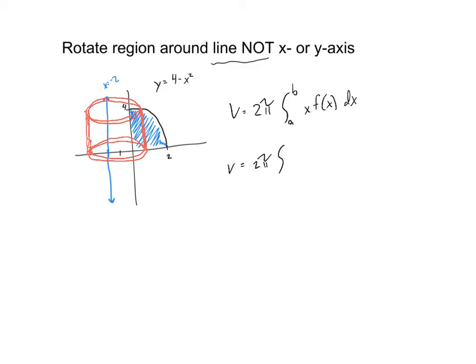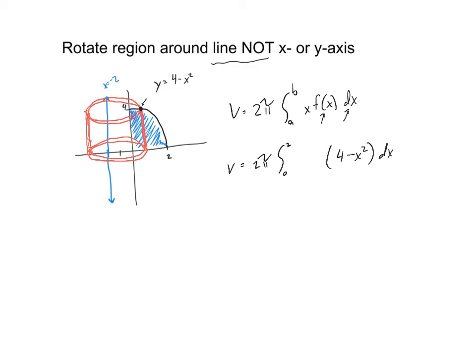Am I still going from 0 to 2? The answer is absolutely still going from 0 up to 2. And then the x in the f of x was the height of the rectangular slice. Has that changed right there? The answer is no. So that's still parentheses 4 minus x squared. Dx, the thickness of the slice, that's the same.